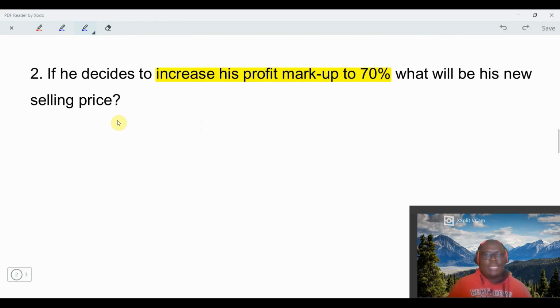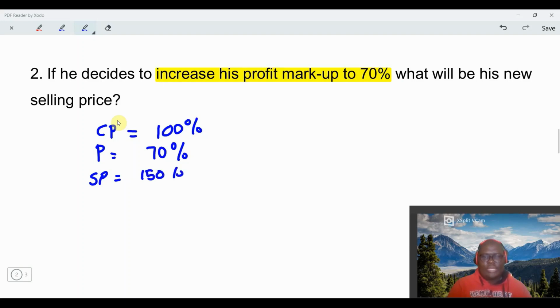So we know that our cost price is at 100%, right? And then the profit markup now is 70%, right? And then the profit at 70%, the cost price is 100%, and then the total selling price is 170% markup, right?